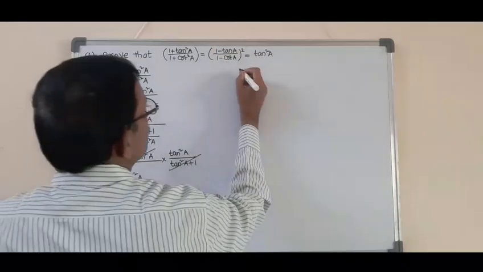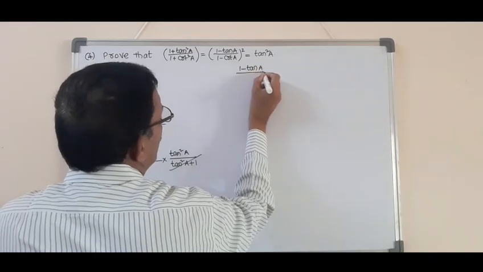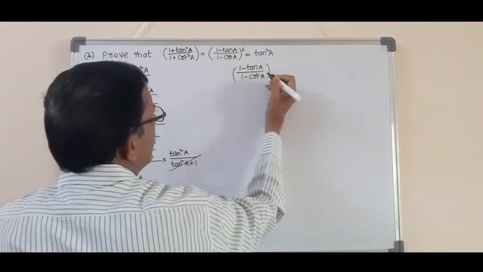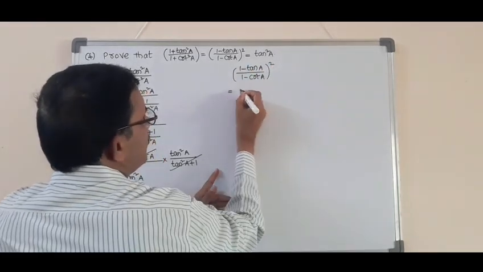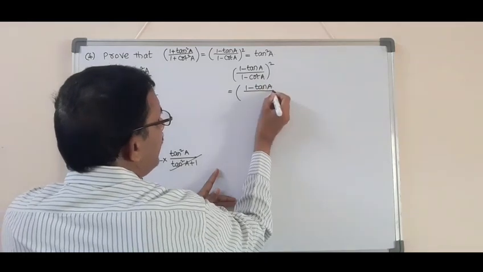Now we will take this one, (1 minus tan A) by (1 minus cot A) whole square, that is equal to (1 minus tan A) by (1 minus cot A).